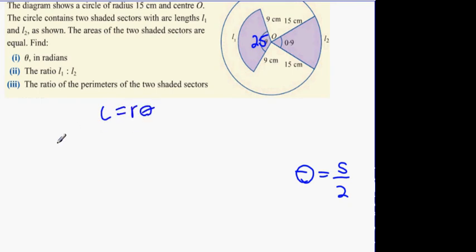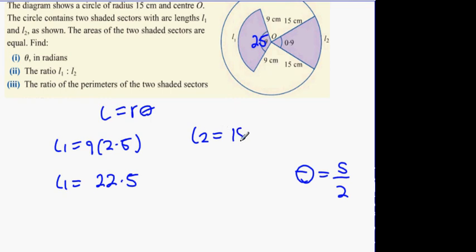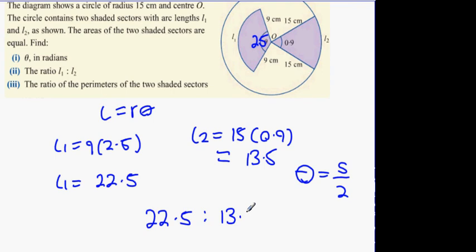This L here, L1, equals 9 times 2.5. 9 times 2.5, anybody? 22.5. L2 equals 15 times 0.9, which is 13.5. Now guys, it's 22.5 is to 13.5.